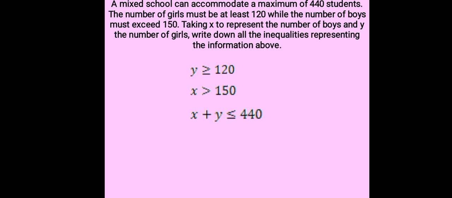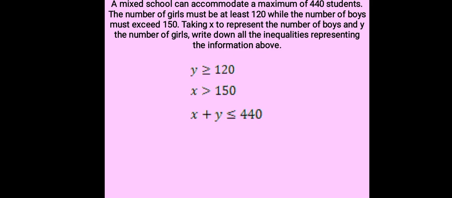Now we have been told that the school can accommodate a maximum of 440 students. So it means if you add the girls and the boys, X plus Y must be less than or equal to 440.